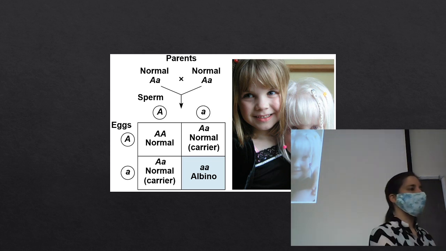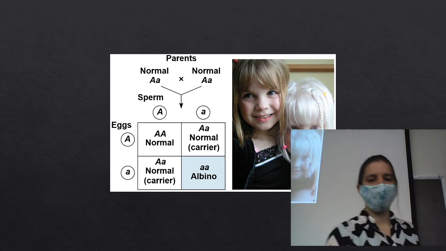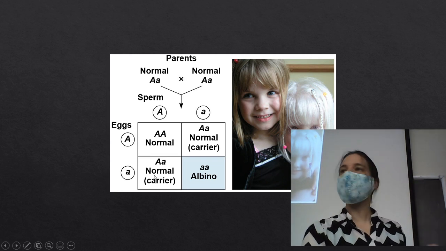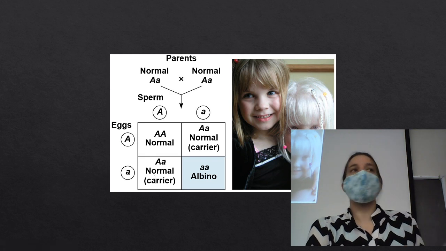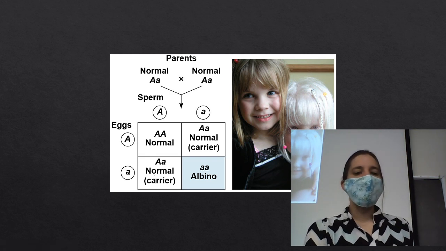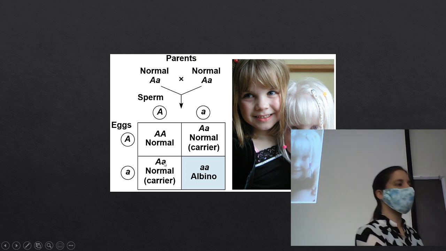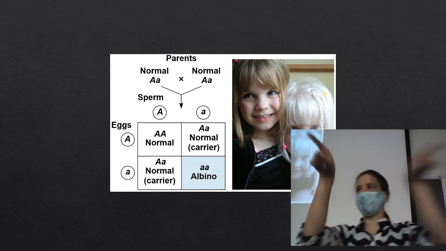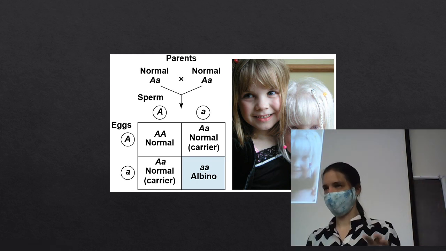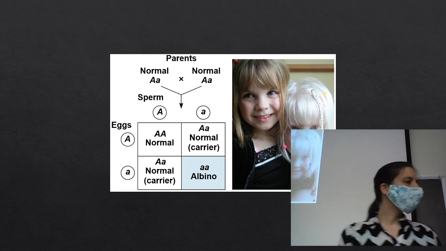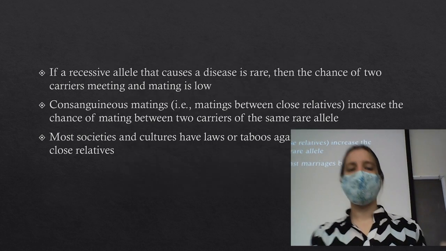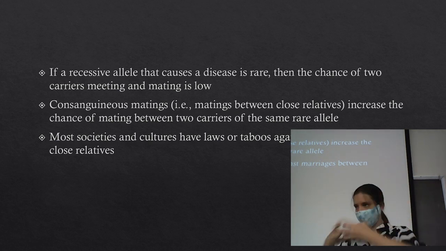So parent and parent, none of the children would have albinism, right? None of them would know that they had some recessive thing going on. But you'd have a lot more likelihood to both have the same recessive allele if those siblings married. So far, so good? Most cultures have some version of don't have close relatives mate.